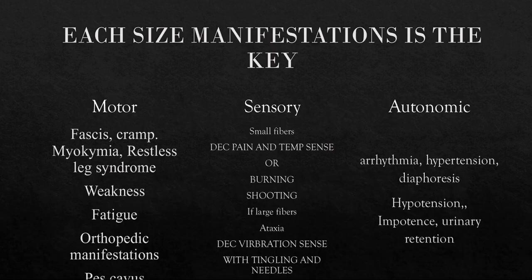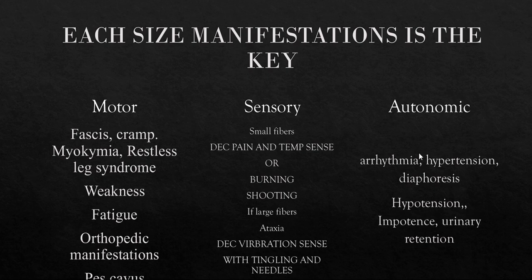So how do we know from the patient's symptoms? As I said, if it is only a small fiber polyneuropathy, the patient will have autonomic symptoms. Both hypertension and hypotension are possible, depending on the positive and negative symptom manifestation theory, and we can talk about that in future videos.